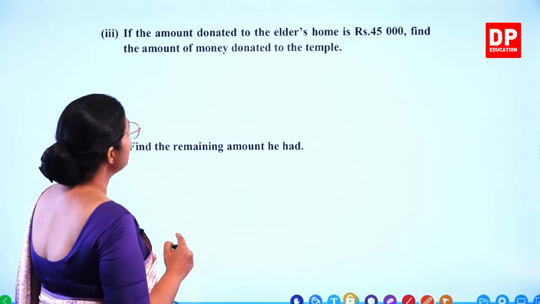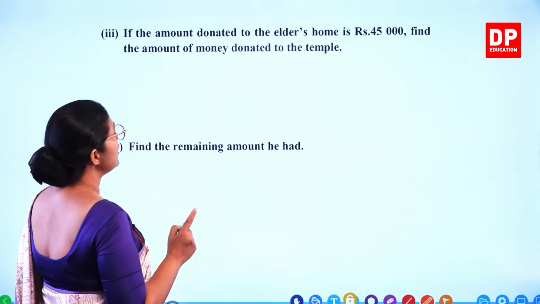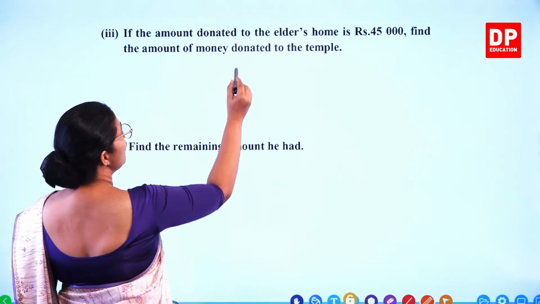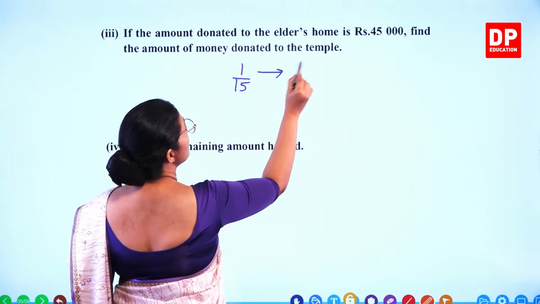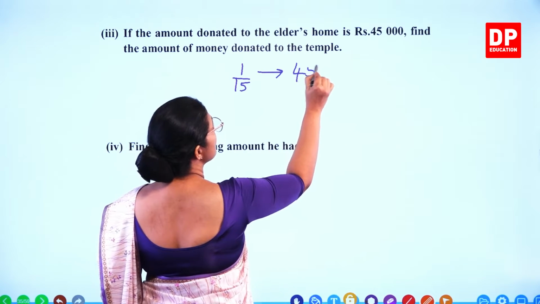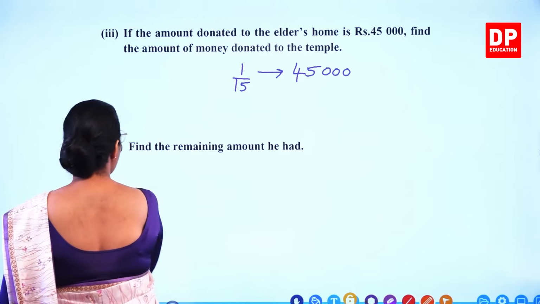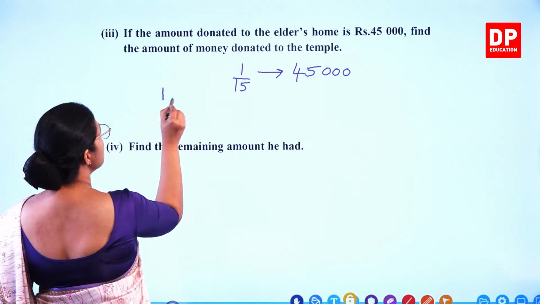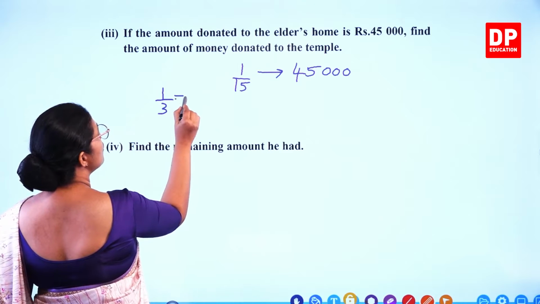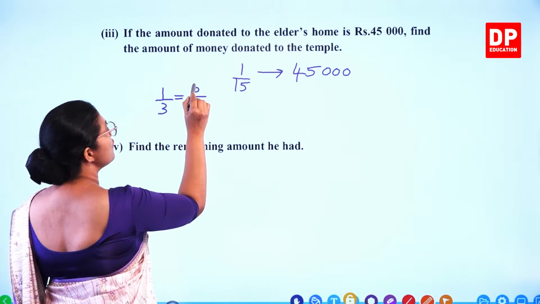If the amount donated to the elders' home is 45,000 rupees, find the amount of money donated to the temple. So we found 1/15 is 45,000. Now what is the amount donated to the temple? That's 1/3. You can convert to the same denominator 15. That means 5/15.